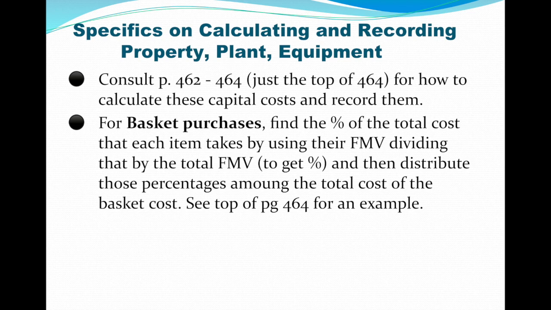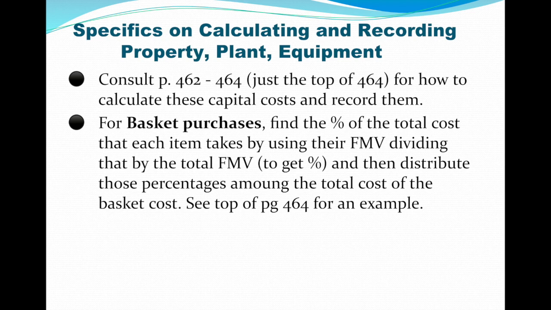The way you deal with that, and just to be clear, there's an example on the top of page 464, which is super clear and very well broken down. I'll talk you through it here quickly, but I suspect the table will be easier to understand. What you do is you find the percentage of total cost that each item makes up, but you do that using their fair market value.